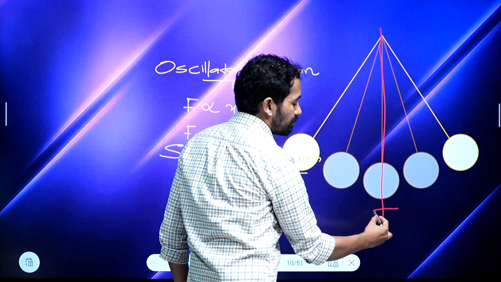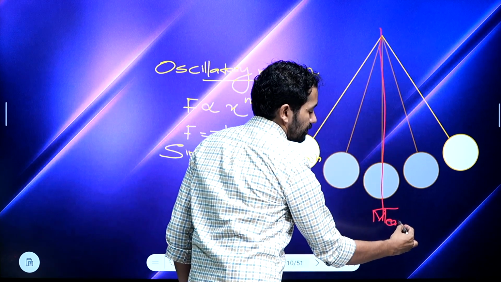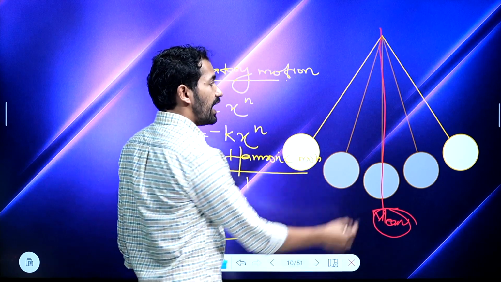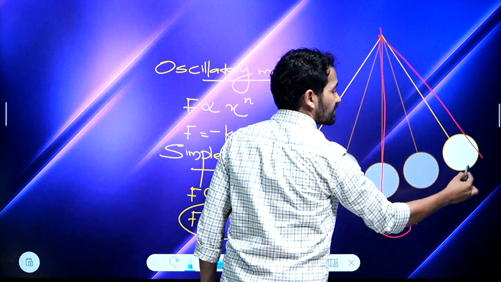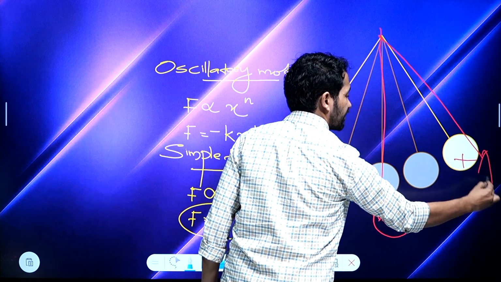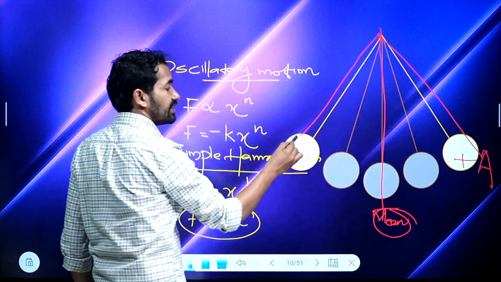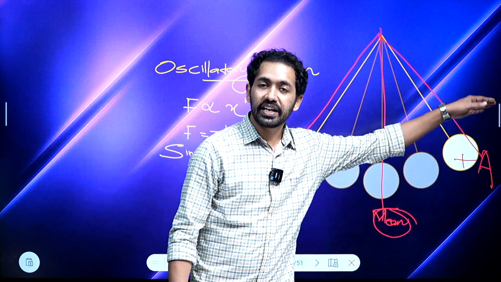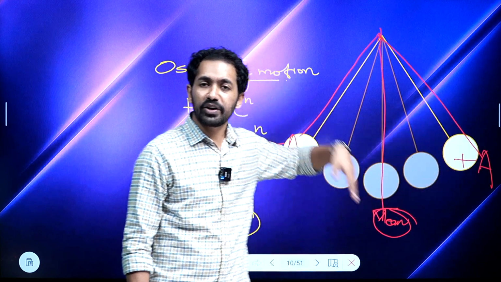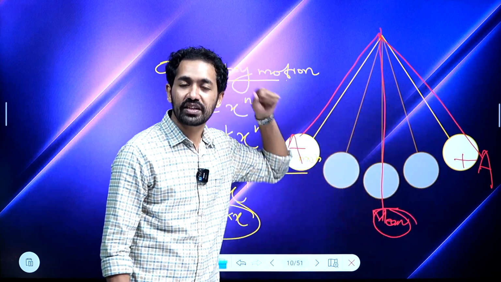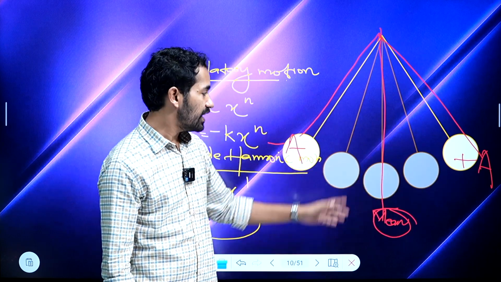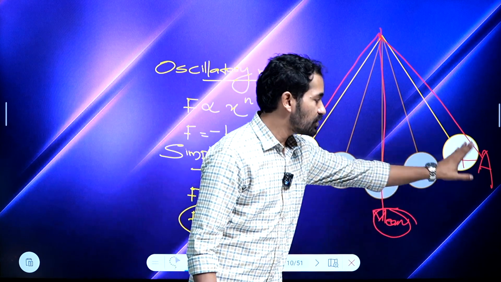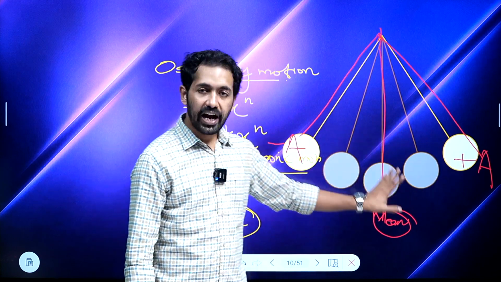this is the mean position. For a simple pendulum, it is the mean position. And you are having a positive extreme here. See, this is the positive extreme, and this is the negative extreme. This simple pendulum is oscillating to and fro with respect to the mean position, which has a positive extreme, negative extreme and mean position.